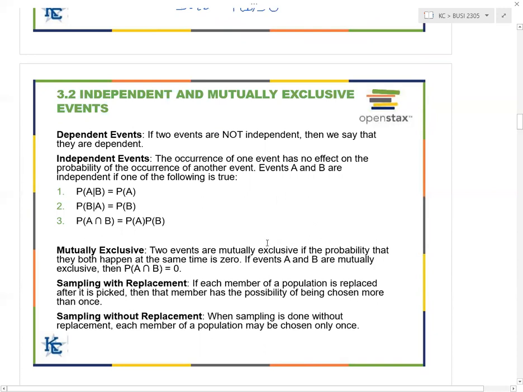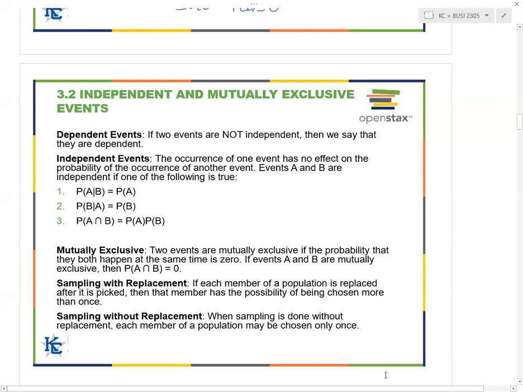Events A and B are independent if one of the following is true. The probability of A conditioned on B equals the probability of A. The probability of B conditioned on A equals the probability of B. Or the probability of A intersect B equals the probability of A times the probability of B. And so you have to show one of these three things if you are claiming independence of two variables.